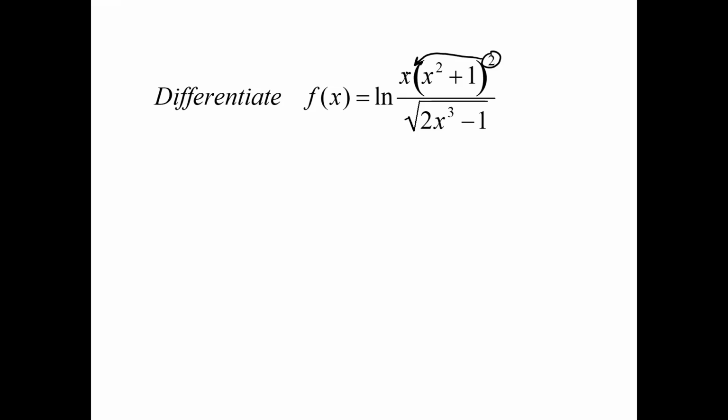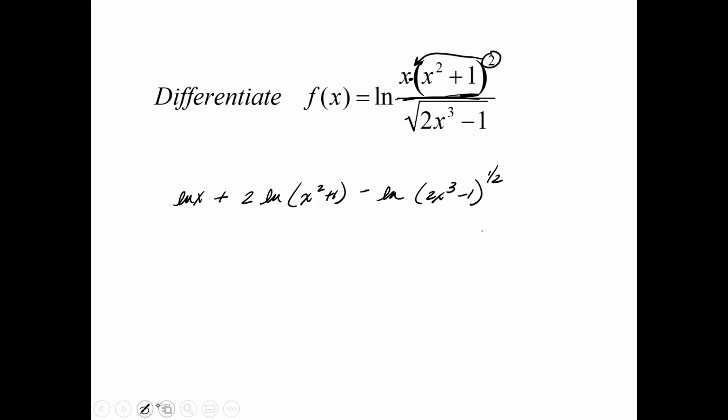So I'm going to break this apart. There's a multiplication right there. So I could do ln x, change that multiplication to a plus, bring that square down to a 2, ln of x squared plus 1. There's a division, which you change to a subtraction, minus ln of 2x to the third minus 1 to the 1/2.